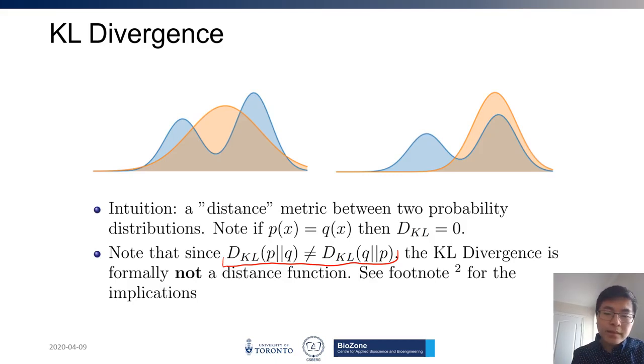So if you swap the positions of P and Q, these 2 things are in general not equal. For some implications of that, I include a link down below in the slides. So when you're talking about KL divergence, you should be careful in saying that it is a measure of dissimilarity. You can think about it as distance, but it is not strictly a distance function.